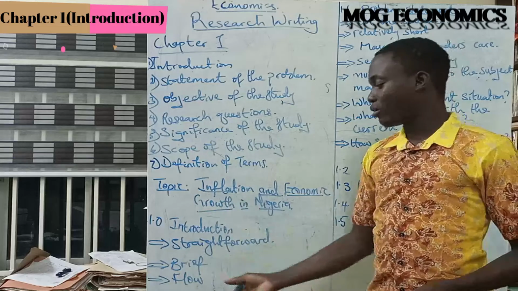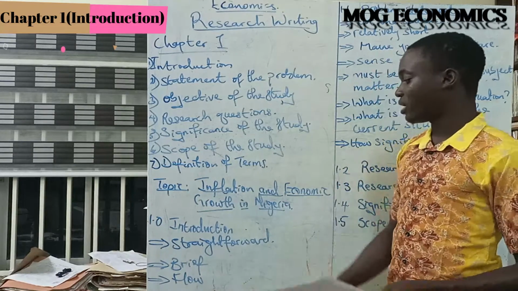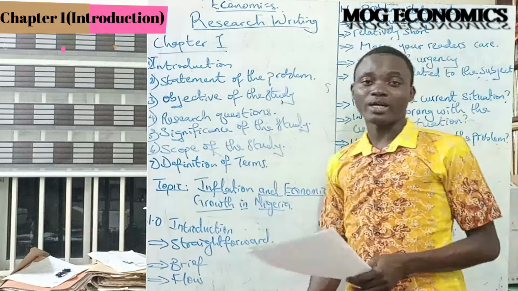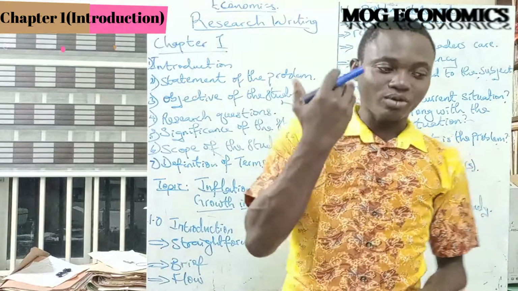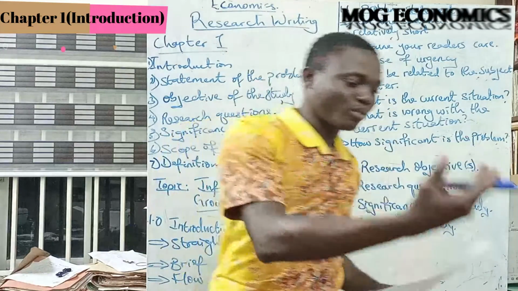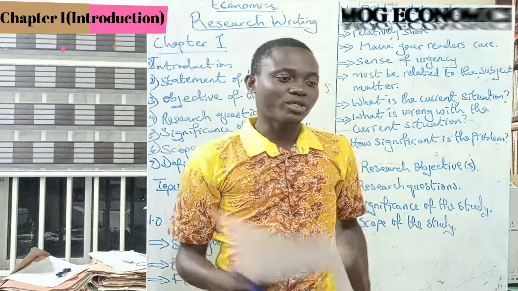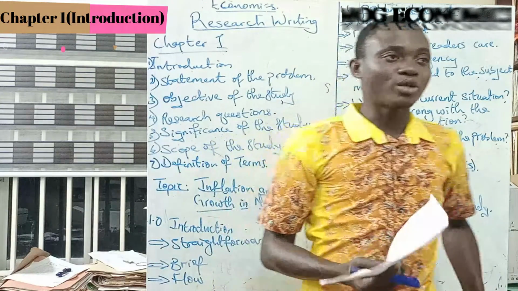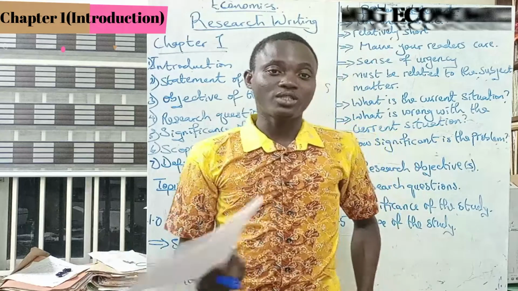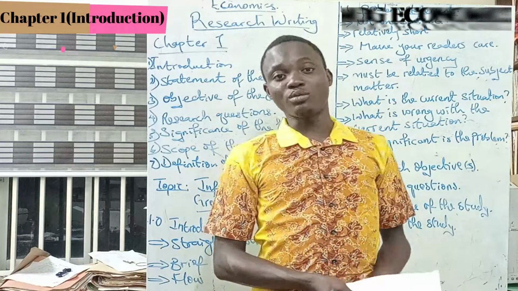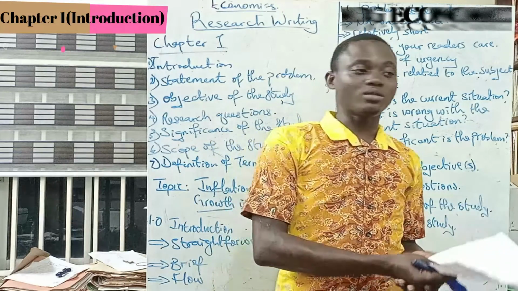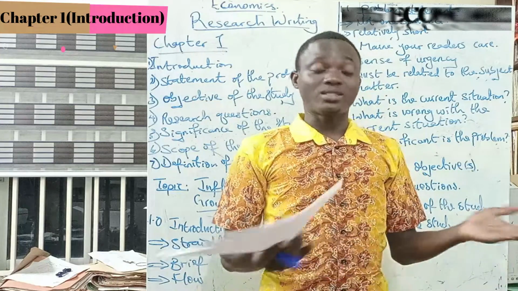Now, what other quality must your introduction have? There must be a flow. So you're starting from this point to this point to this point. I think I gave an example in one of our earlier classes about you wanting to eat. First, you cook your meal in the kitchen, or wherever you do your cooking.